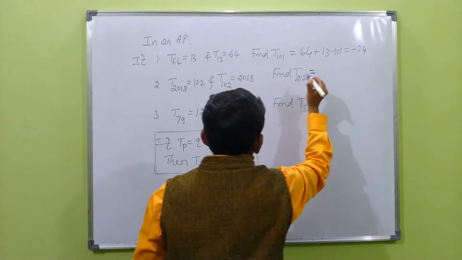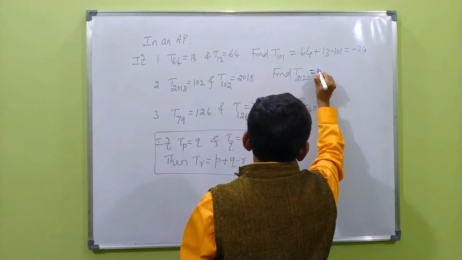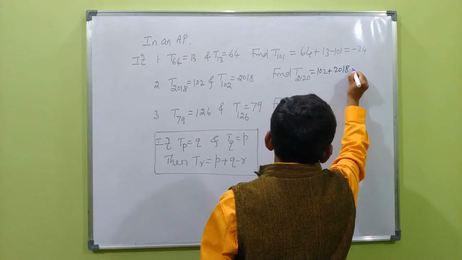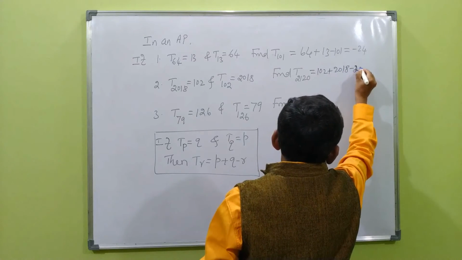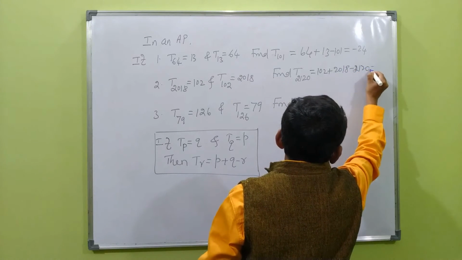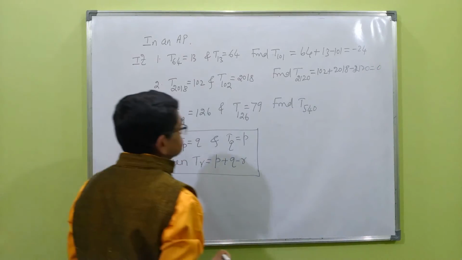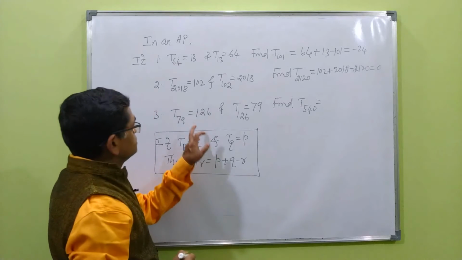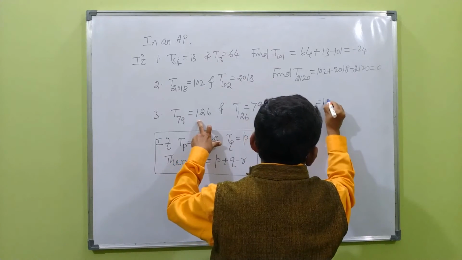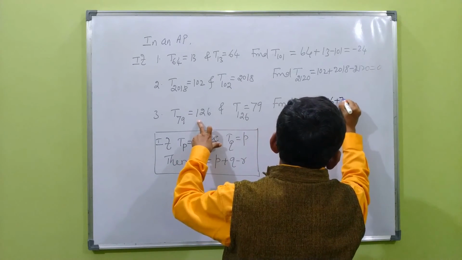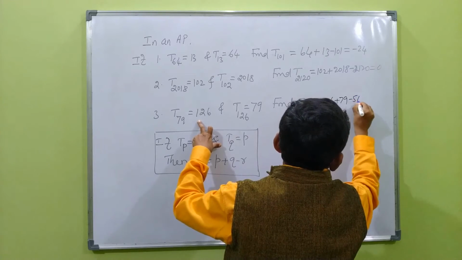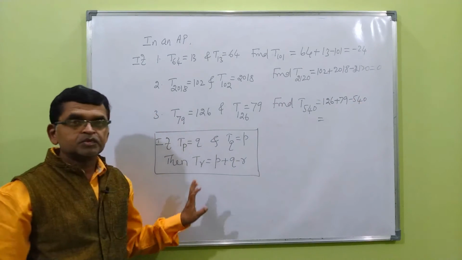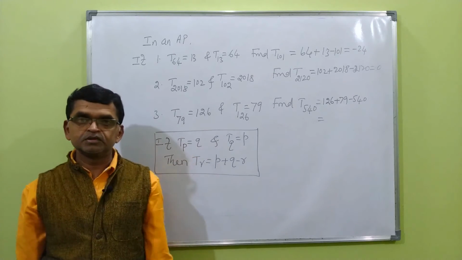Similarly, here 108 plus 2018 minus 2126 is equal to 0. Similarly, here T this much is equal to 126 plus 79 minus 540. You get the answer. Okay, this is another simple rule.